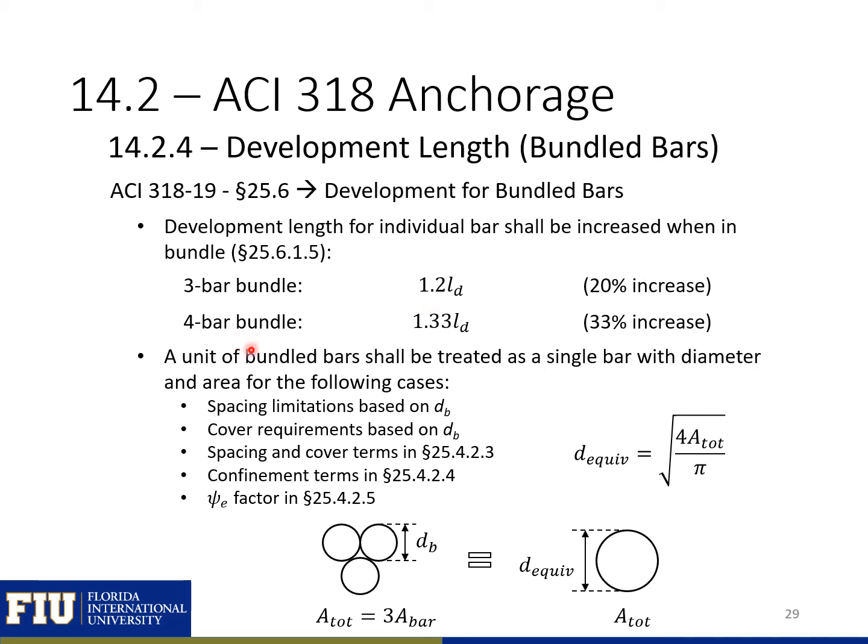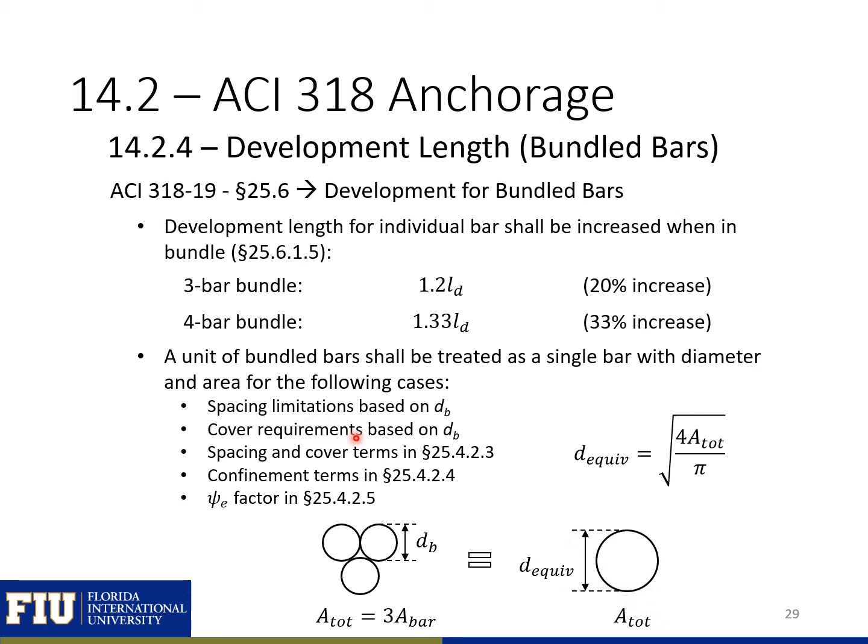A unit of bundled bars should be treated as a single bar with an equivalent diameter based on the area for these specific code provisions. So for the spacing limitations, you use an equivalent bar area.